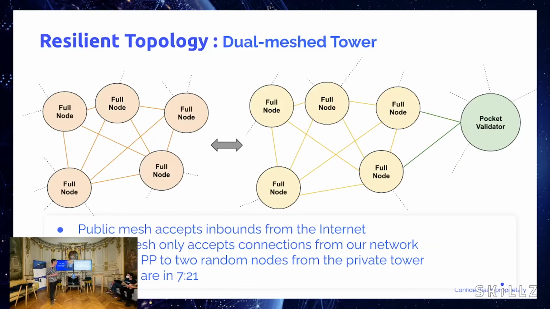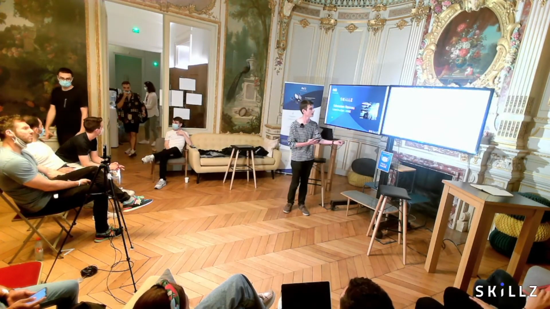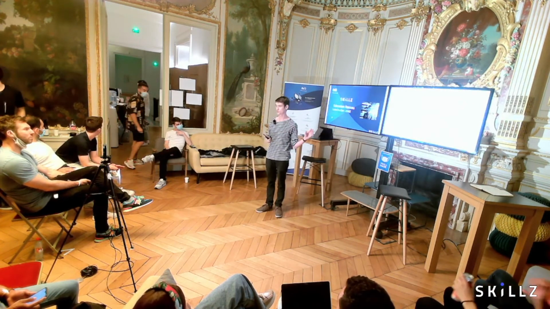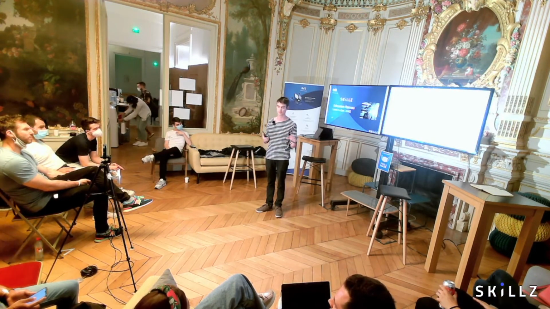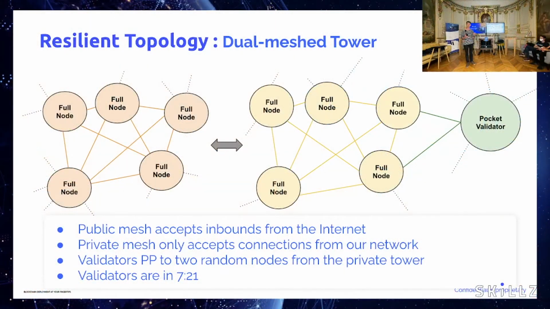Yeah, so this is actually the topology we use at SkillZ. As I said before, one of the biggest problems of the sentry approach is that you have to manually create sentries and connect them to nodes, and this is not something we want to do, because we want to be able to start new nodes within 5 minutes or so. We need something automatic. So what we do is create 2 towers: a public one, which is the highway to other nodes on the network, and a private one, which is interconnected with the public one.